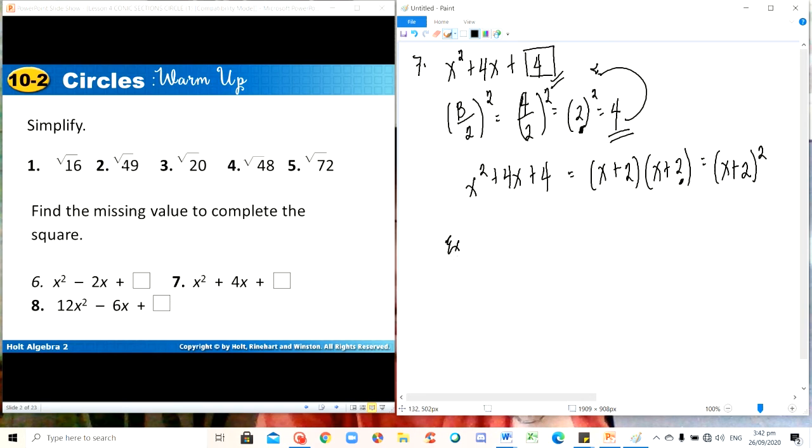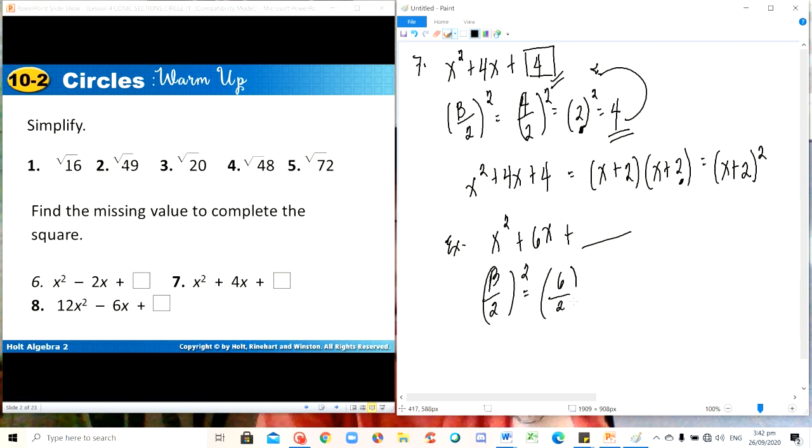Let's try another example before we proceed with number 8. Let's say you have x squared plus 6x plus blank. What must be added to this? Again, that's b over 2 and then square it. What is your b?